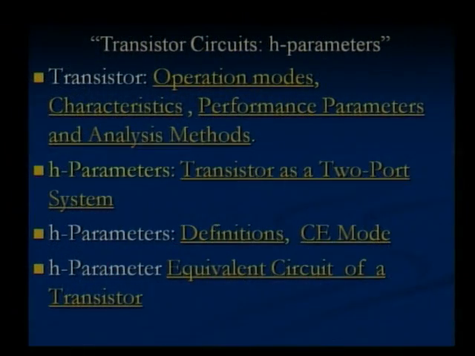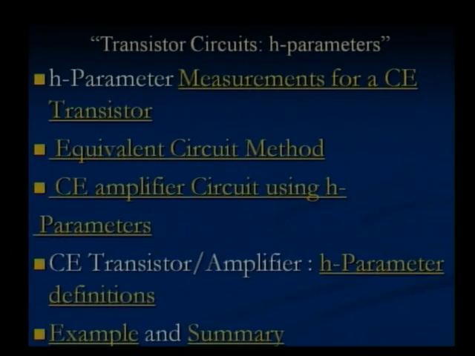Today we will try to cover the following topics: transistor operation modes, its characteristics, performance parameters, and some analysis methods. Then the H parameters derivation by considering the transistor as a two-port system. From that we will define what the H parameters are for a particular transistor in a particular mode, and then we will go for the equivalent circuit of a transistor using those H parameters.